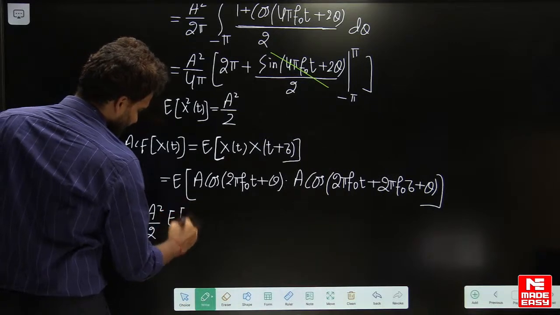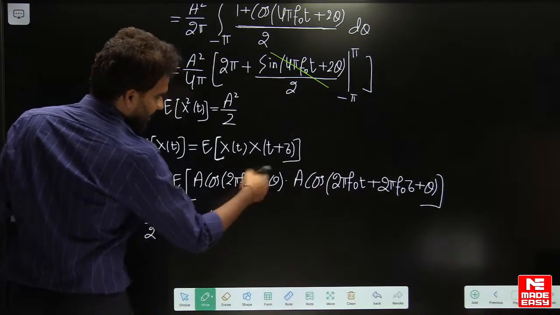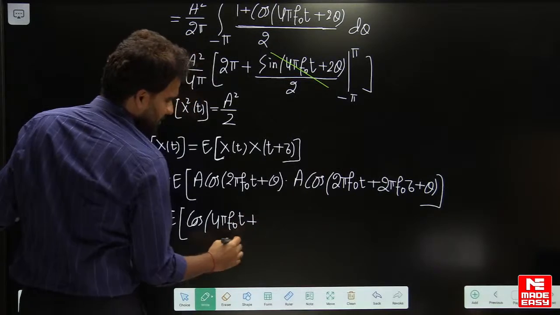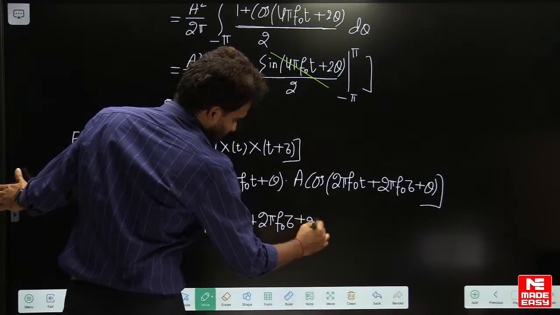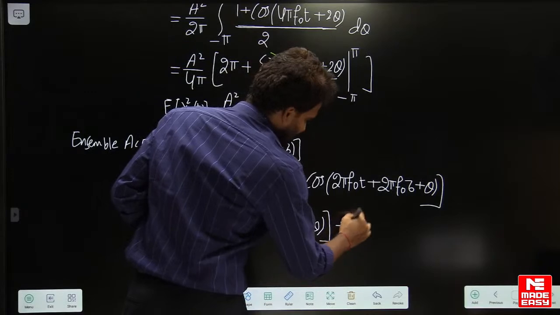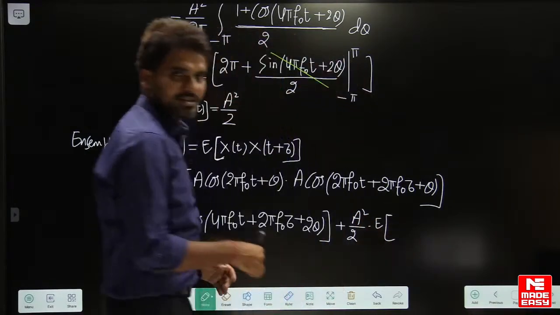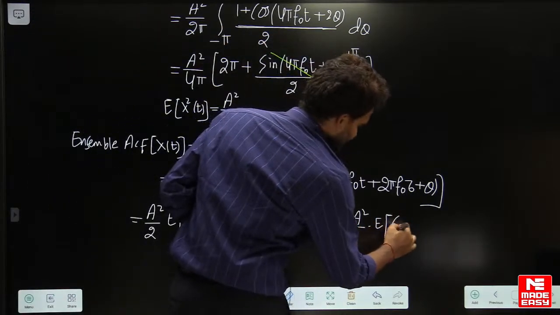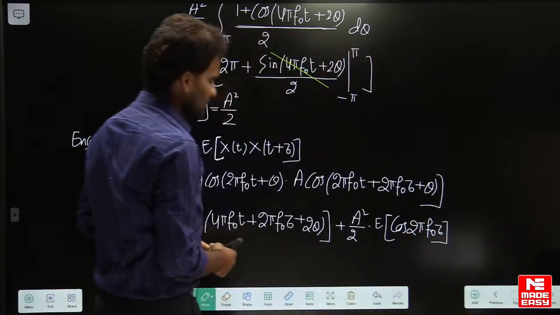A plus B means 4 pi f naught t plus 2 pi f naught tau plus 2 theta, and A minus B gives cos 2 pi f naught tau.